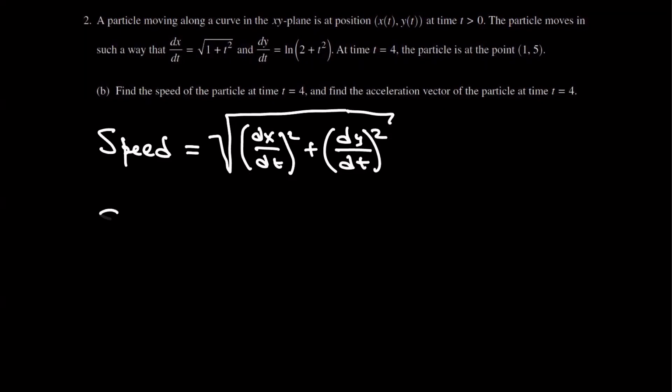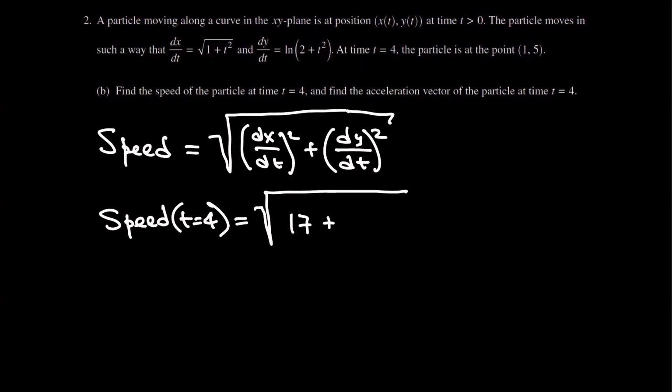So the speed at time t equals 4 is equal to, plugging in the expressions for dx/dt and dy/dt that we just calculated, the square root of 17 plus ln of 18 squared.